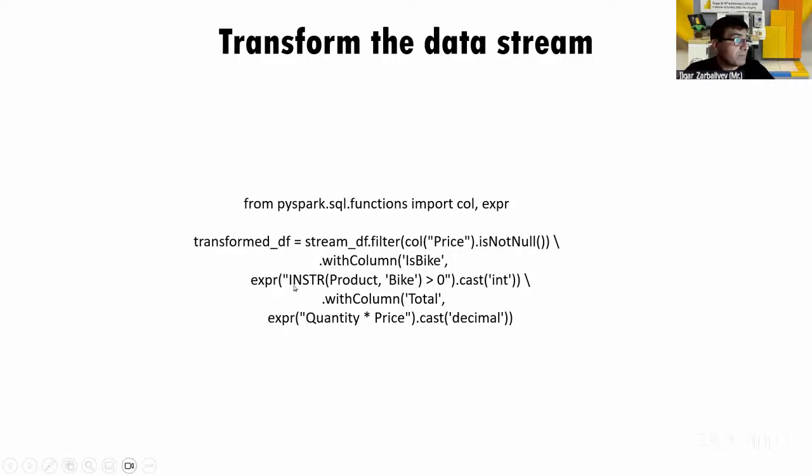IsBike, which uses instr. instr tests whether the product name contains the word bike and casts the result to an integer. And total, which multiplies quantity by price and casts to decimal.